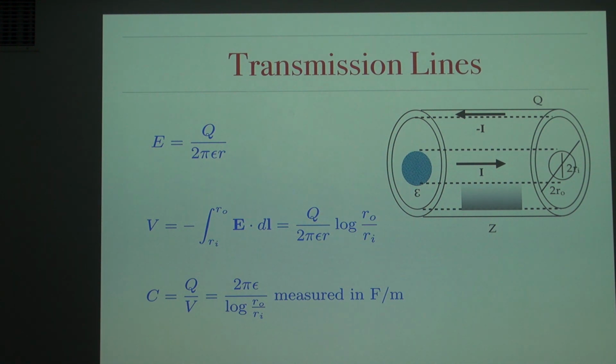And that allows me to calculate the capacity of the wire, which is the charge divided by the voltage, and that turns out to be the capacitance of the wire, and it's measured in farads per meter. So if I have this wire, I have calculated the impedance per unit length, and I have calculated the capacity per unit length. And why did I do it?